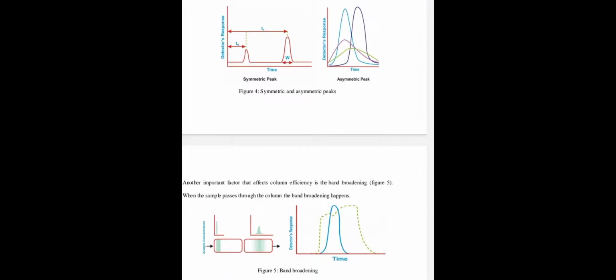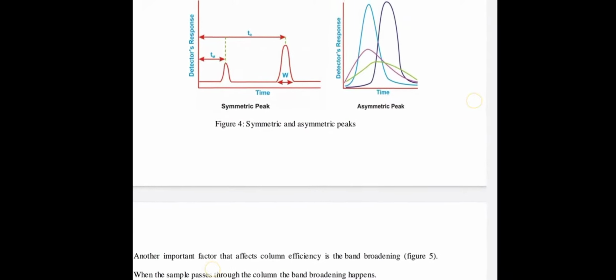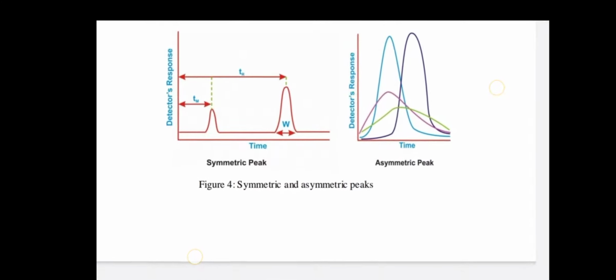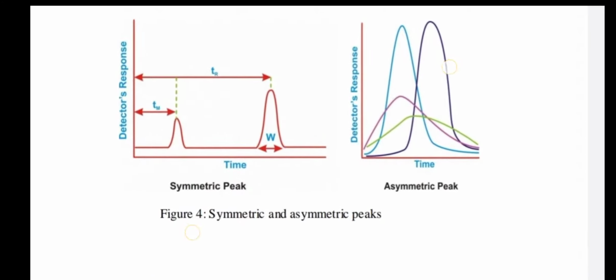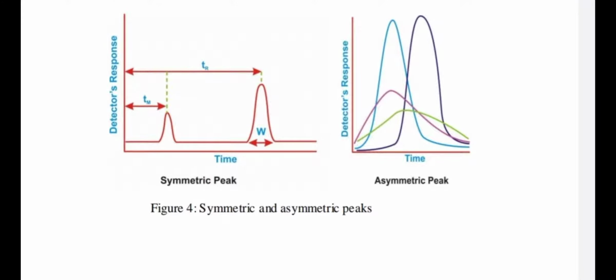Now, the second factor: symmetric and asymmetric peaks. We can see that these are symmetric peaks. We can differentiate between two peaks easily. That's why it's a symmetric peak; height or base width are not the factors for a symmetric peak.